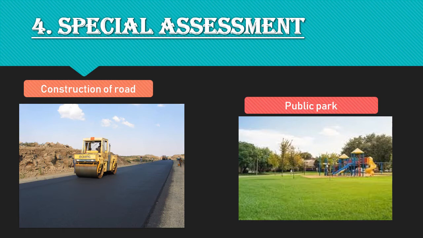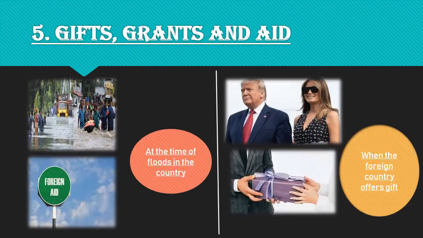So let's have a look at the next point, that is gifts, grants and aids. In the event of some natural calamities like earthquake, flood, etc., or during war, citizens of the country often make some donations and grants to the government.